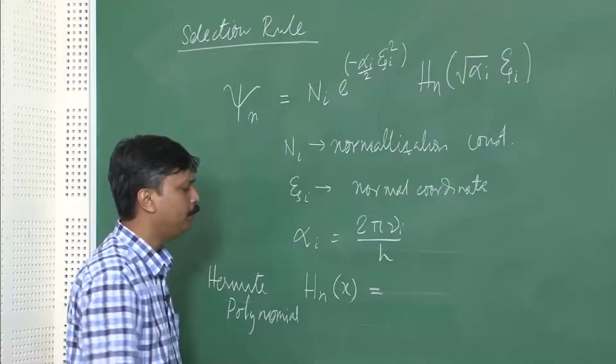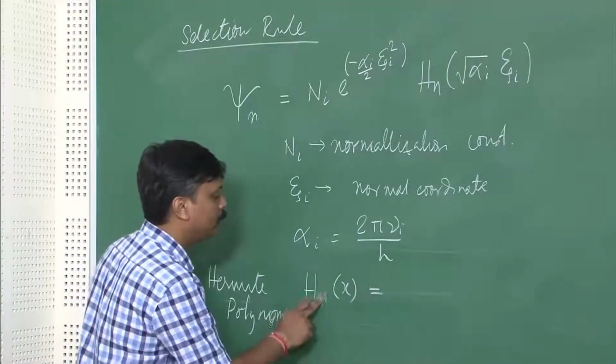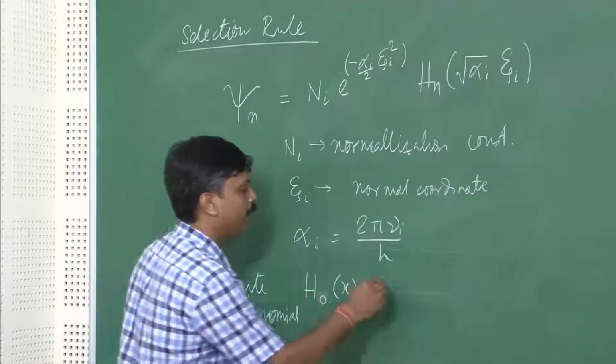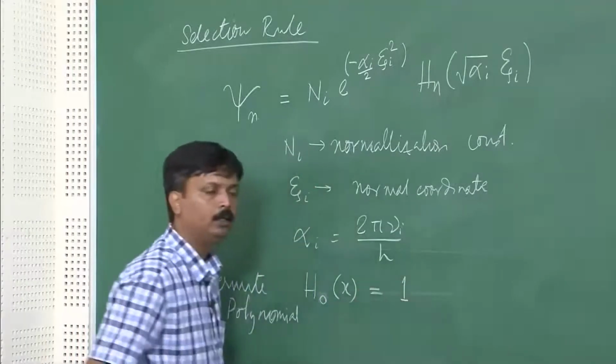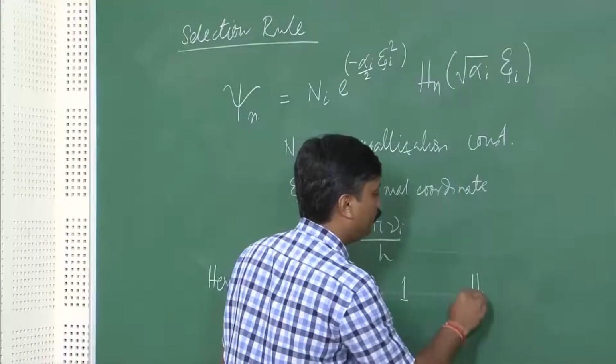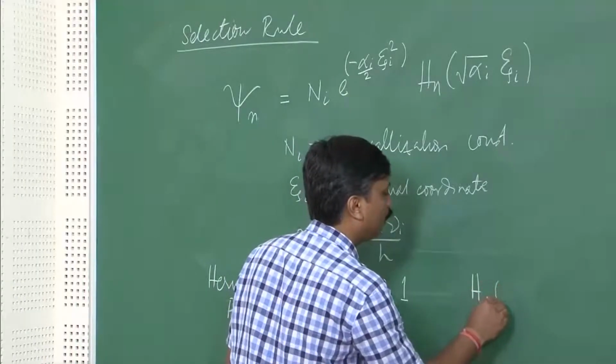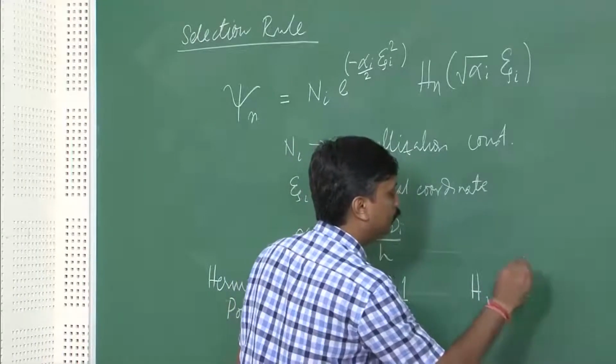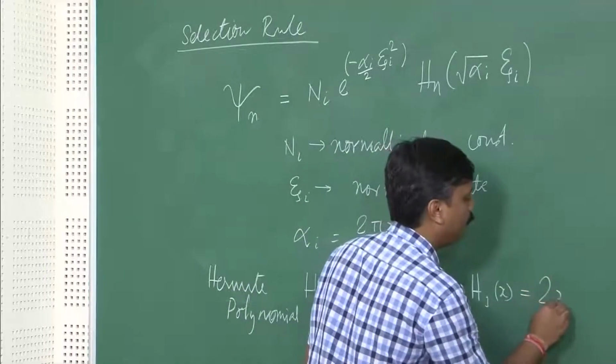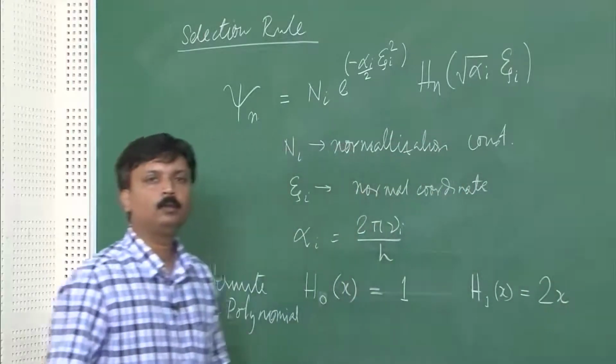So most of you are probably aware of this. Now this Hermite polynomial, if I have n equals 0, then I have a value of 1. So if I consider H1 in general, I have a value of 2x. Okay.